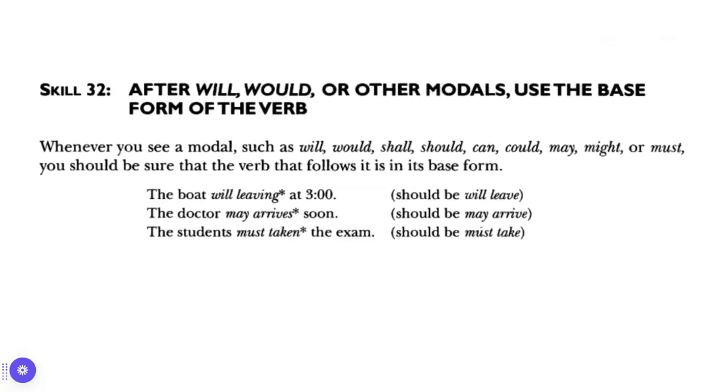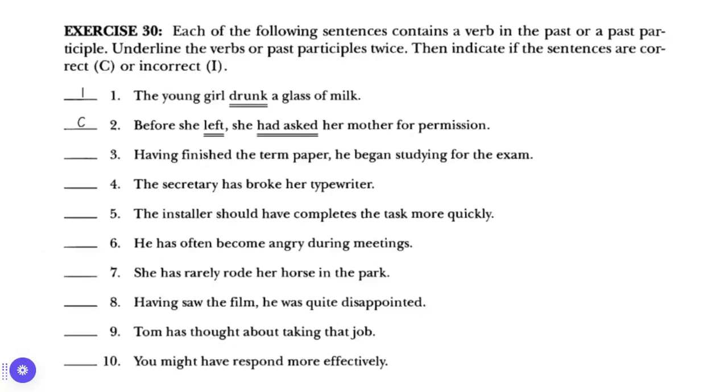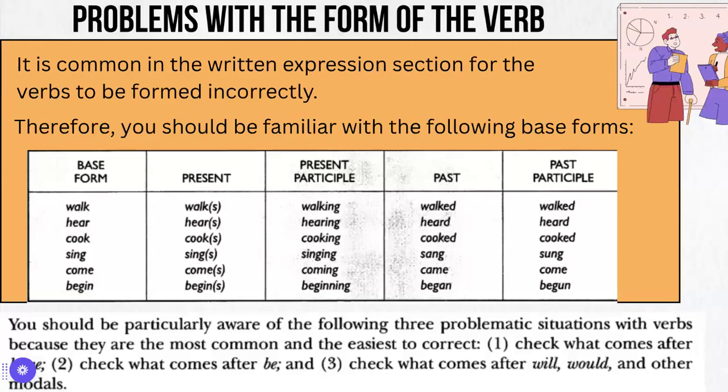After modal verbs such as will, would, can, could, should, might, etc., you should be sure that the verb that follows is in a base form. Remember the base form? It is the one with no conjugations whatsoever. So after a modal, I'll use this form of the verb.